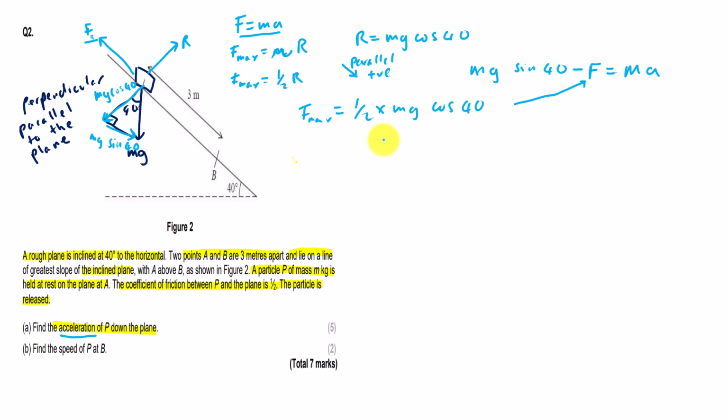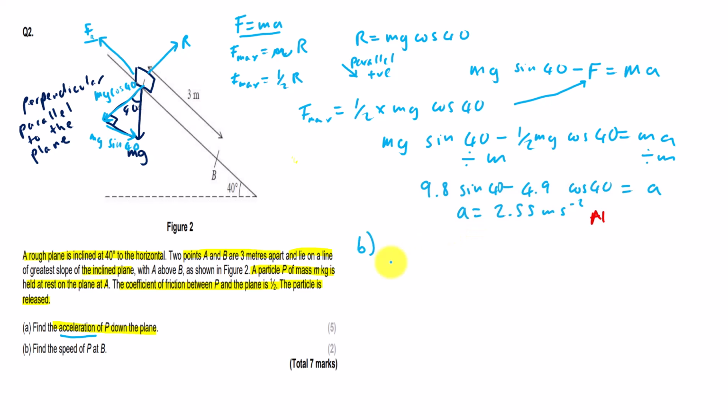So what do we get? We get mg sine 40 minus 1/2 mg cos 40 equals ma. Every term has m, so we can divide out by m. So we get left with g, which is 9.8, sine 40 minus, and that's 4.